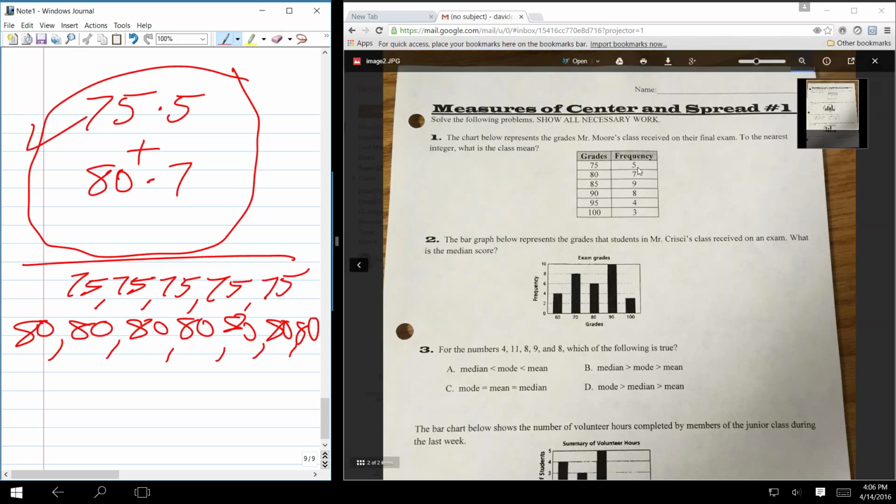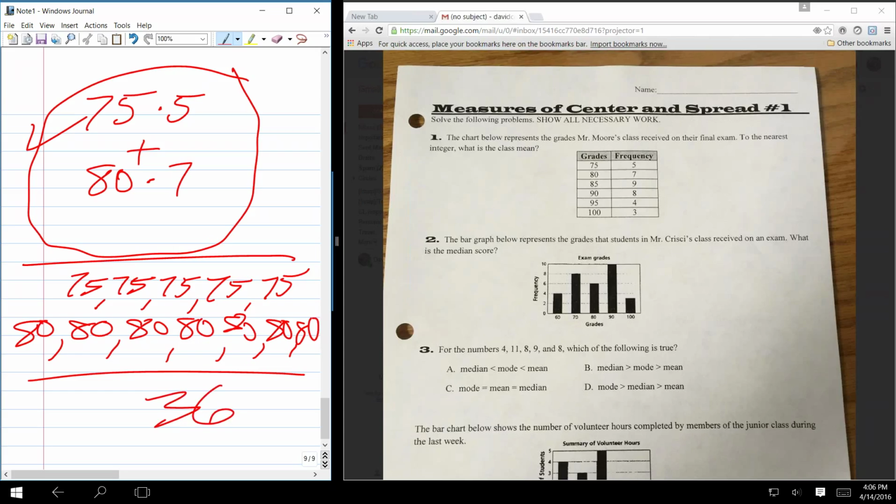And the number of scores is the sum of these numbers, which I believe is, let's see, 21, 29, 36. So we're going to divide all of that by 36. I don't think we should waste the time to actually come up with a number. You can do that. That's just arithmetic. It's the method that matters.